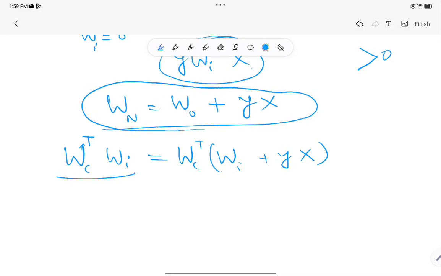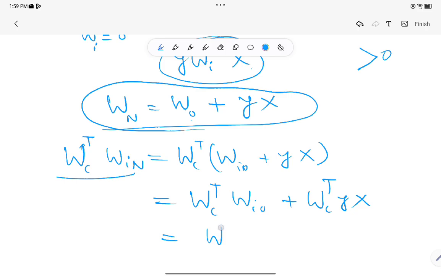Let me call this the new value of the incorrect vector. The correct vector has only one value. So your new value is the old value plus y x, where the old value is the old incorrect vector. Now multiply these two: wc^T w_old plus wc^T y x.